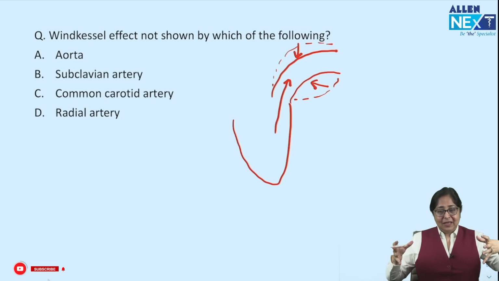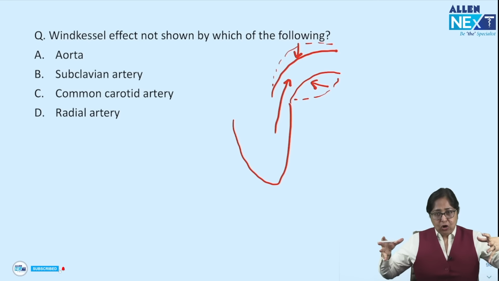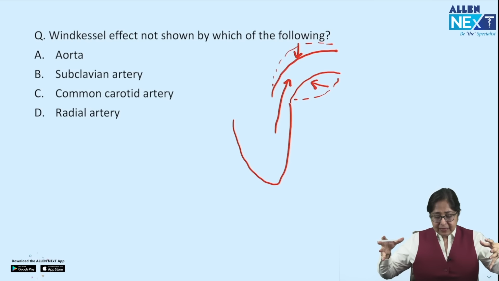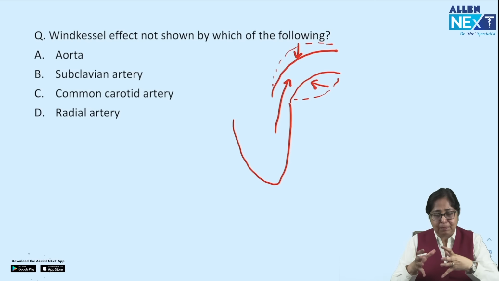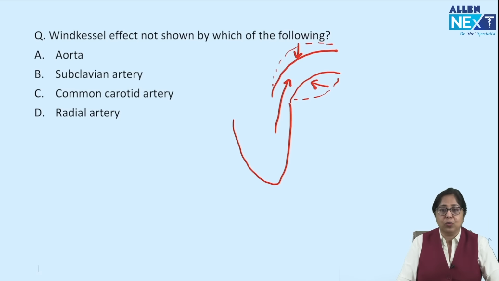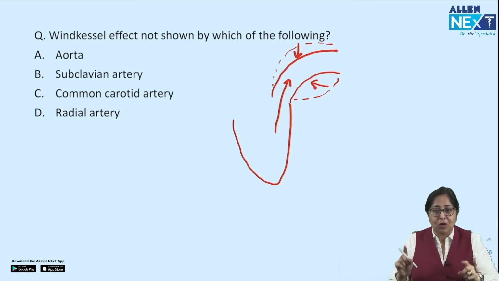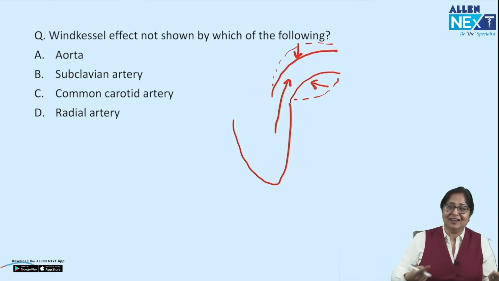So, during diastole, because of this elastic recoil of the aorta and the large arteries, this literally squeezes the blood and pushes it forward. That is why, even though there is no force from the heart during diastole, the circulation does not stop during diastole. It continues in diastole.